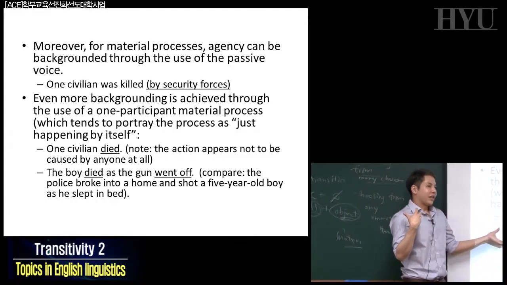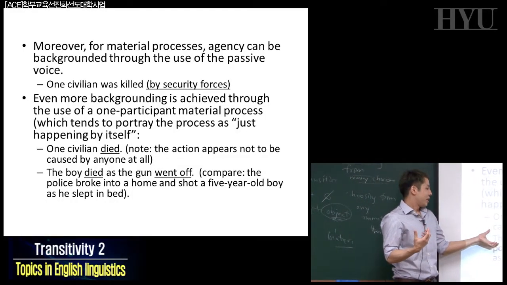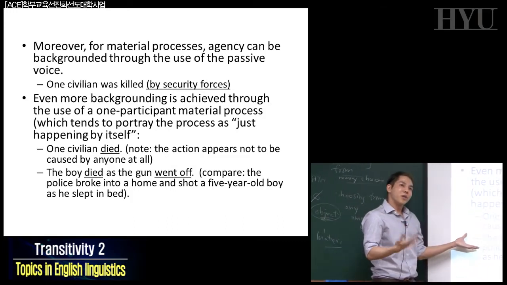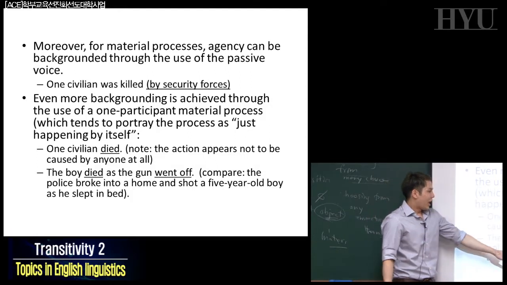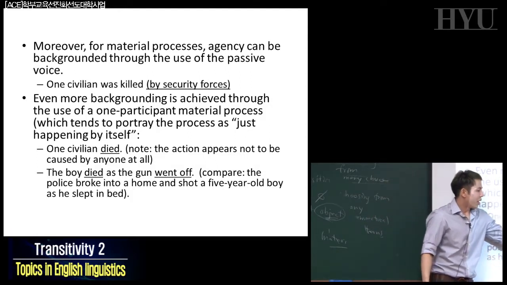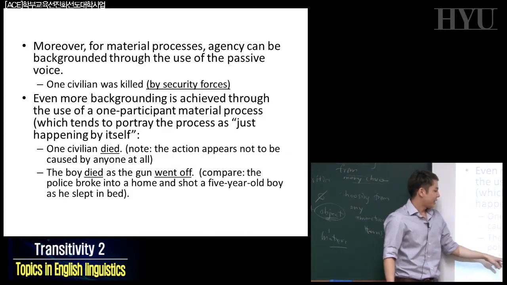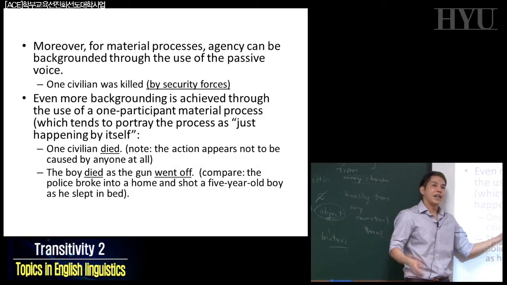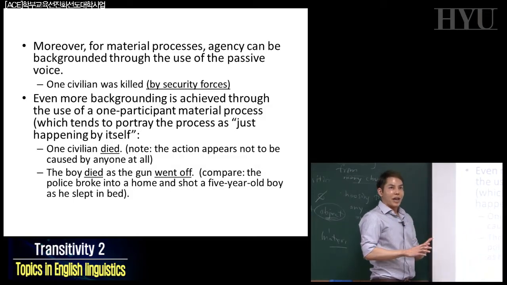if the headline of a newspaper says the boy died as the gun went off, so this is another way of representing the same event, right? Compare that with the police broke into a home and shot a 5-year-old boy as he slept in bed. So if you choose the word die, it's just like it's happening by itself, right?